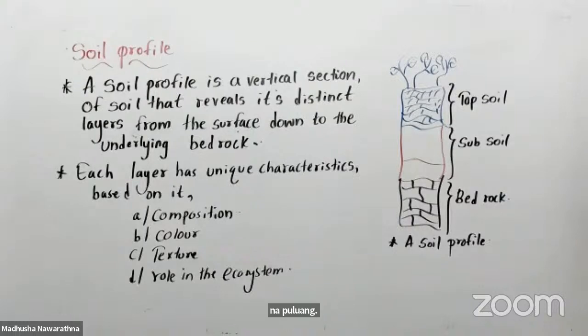Can you read the D sentence? D. A, B, C, D, role in the ecosystem. Role, R-O-L-E, in the ecosystem. Okay. Finished, sir.